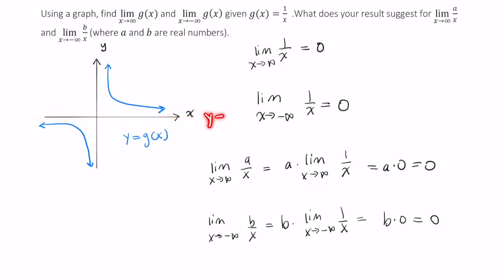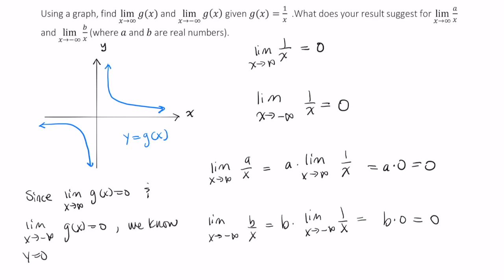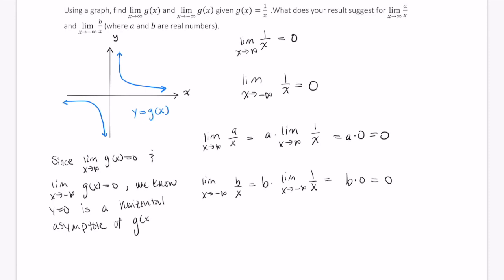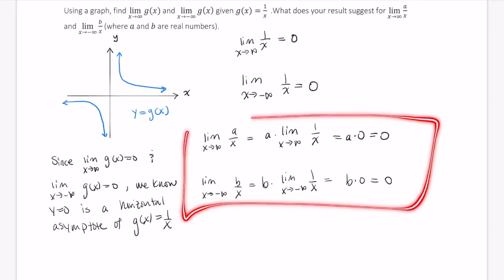That is, it approaches the line y equals 0, but it will never cross it. So in general, since these limits are equal to 0, we know that the line y equals 0 is a horizontal asymptote of g of x equals 1 over x. Additionally, we know that multiplying g of x by any constant out front will not change this horizontal asymptote.